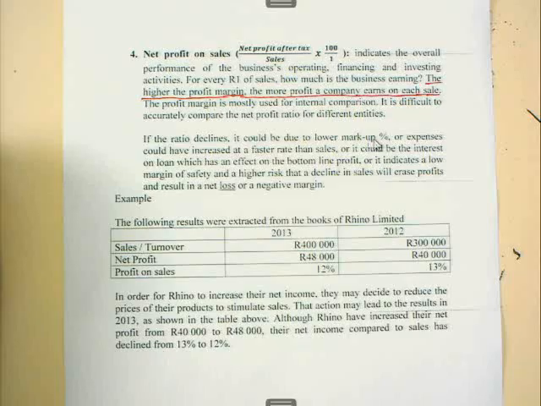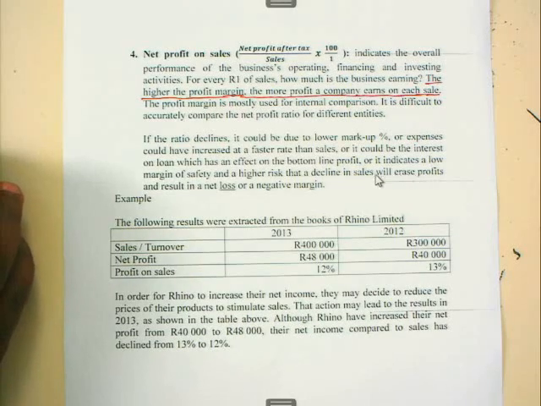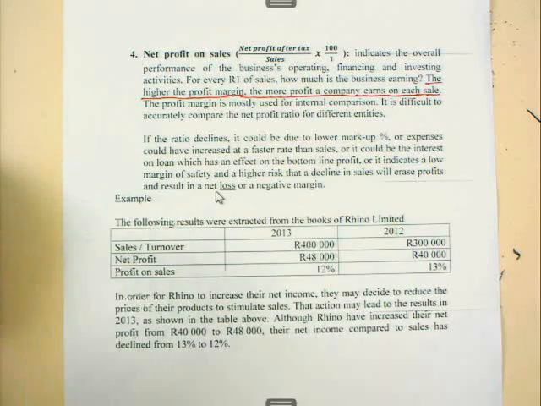It could be due to a lower markup percentage set by the business, or expenses in the business could have increased at a faster rate than sales, or it could be the interest on loan. We know it has an effect on the bottom line of the profit. Or it could indicate a low margin of safety and a higher risk that a decline in sales will erase profits and result in a net loss or a negative margin.